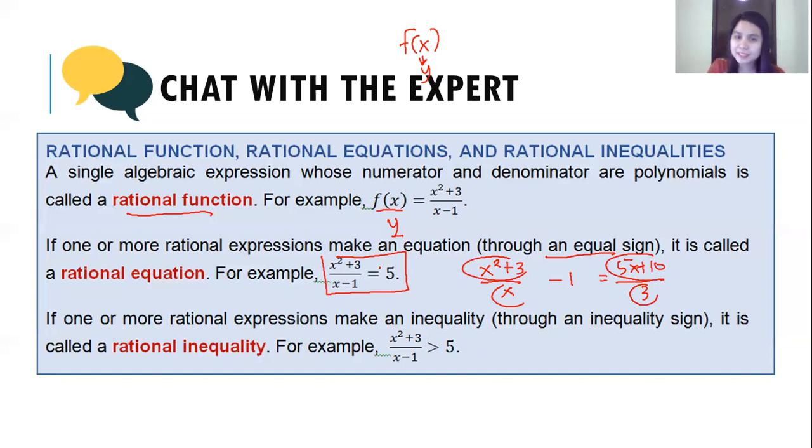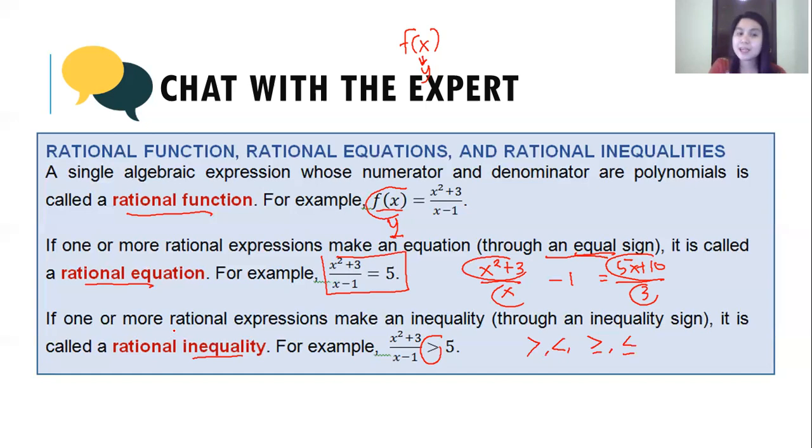If we have the same thing, but the sign is an inequality, like greater than, less than, greater than or equal to, or less than or equal to, we call it a rational inequality. So again, if it's a function, an f of x or a y, it's a rational function. If it's a rational expression with an equal sign, we call it a rational equation.